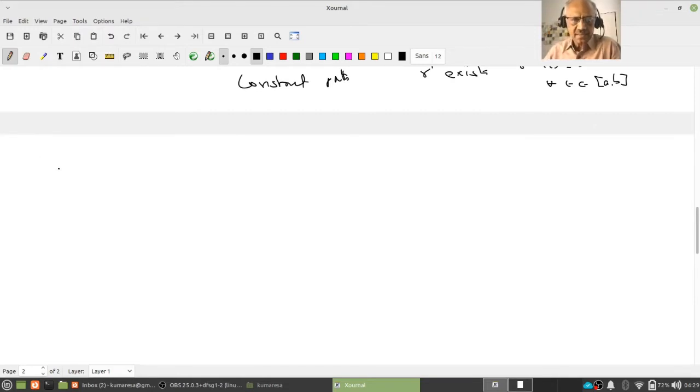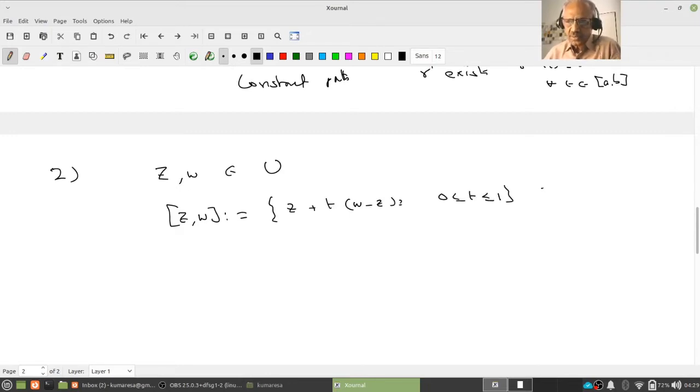The second example is, okay, a line segment. Fix 2 points Z and W in U. Assume the line segment, which we had already defined, of the form Z plus t times W minus Z, 0 less than or equal to t less than or equal to 1, lies in U. Then this is called the line segment from Z to W, right?